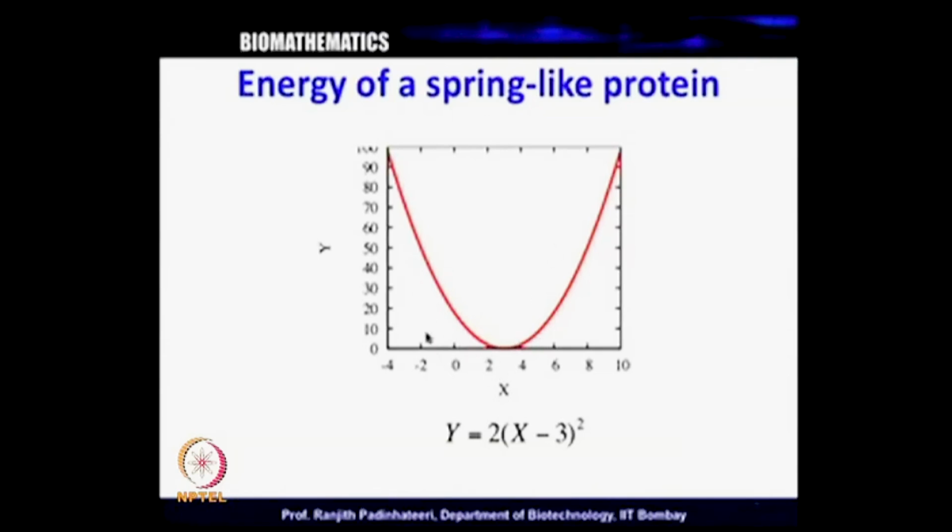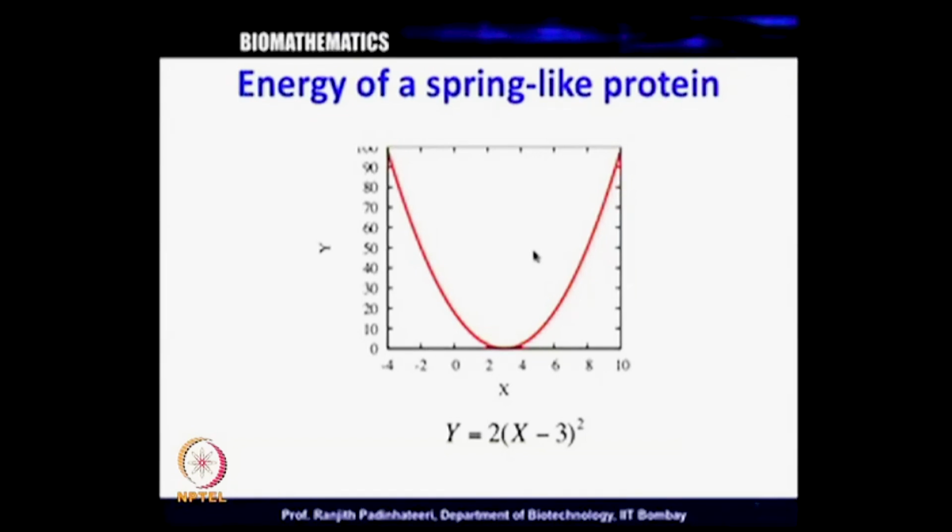And if it was a maximum, the second derivative would be negative. So let us quickly have a look at one example where there is a maximum. You can have an energy function, let's say, E equal to minus kx square. Have a look at this paper here.